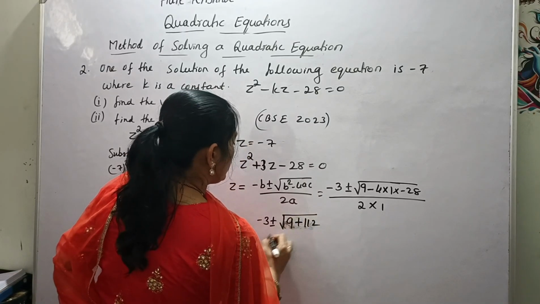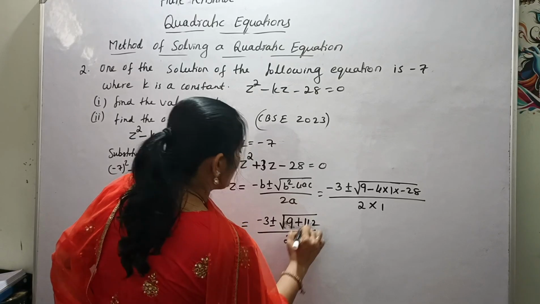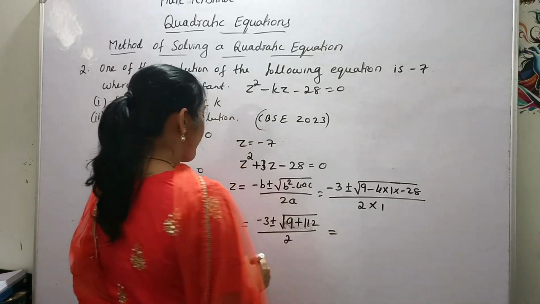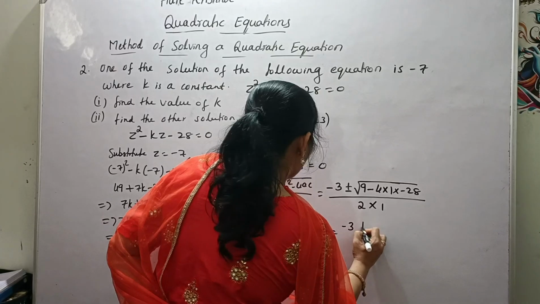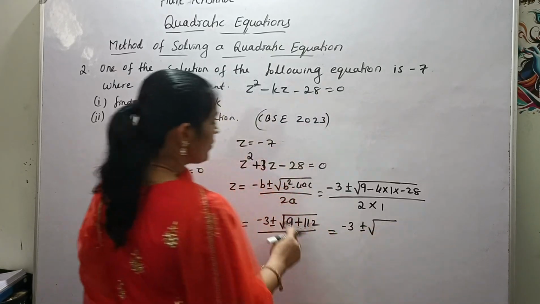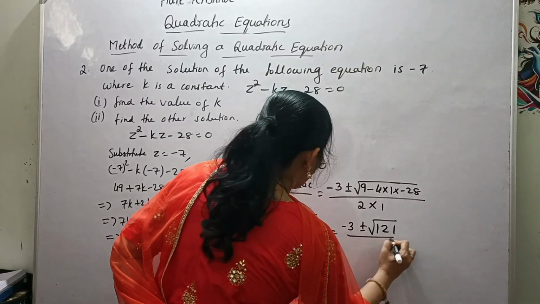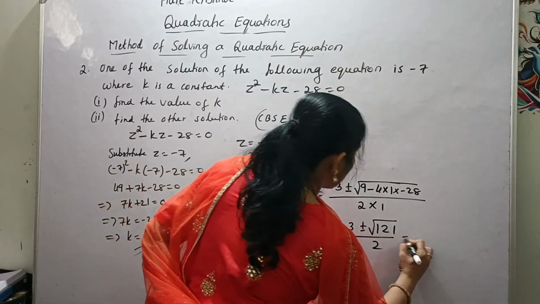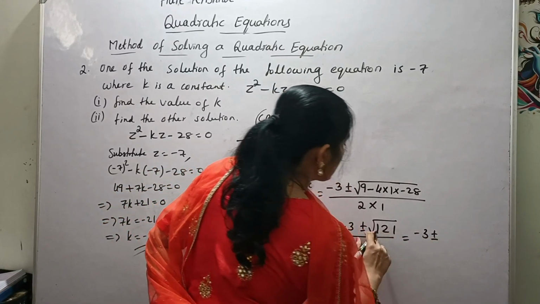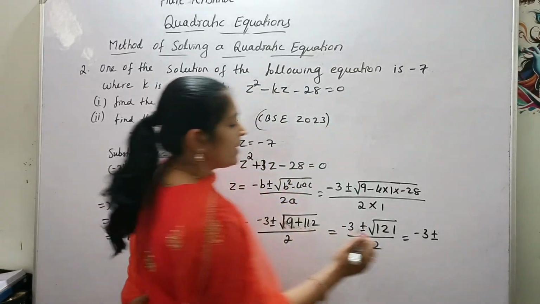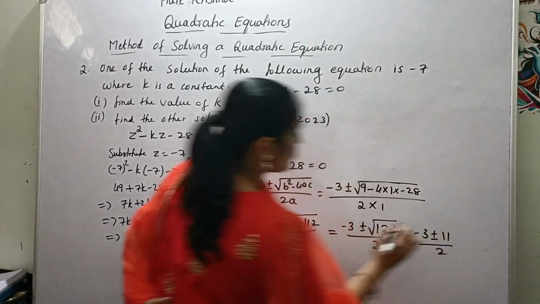Divided by 2. That is equal to −3 plus or minus root of 9 plus 112, that is 121, divided by 2. That is equal to −3 plus or minus root of 121, which is 11, divided by 2.